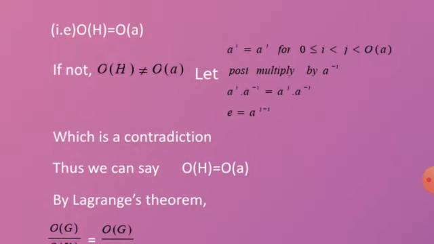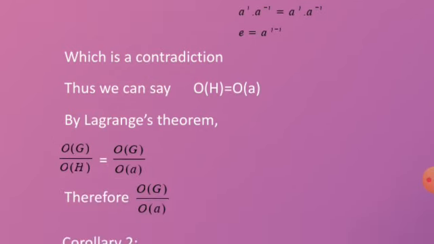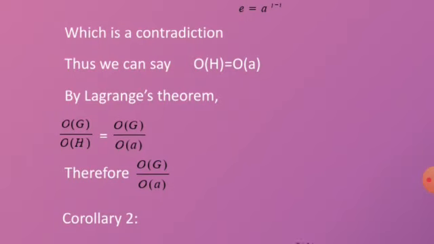Thus we say the order of H is equal to the order of a. By Lagrange's theorem, replacing the order of H by the order of a, the order of a is a divisor of the order of G.